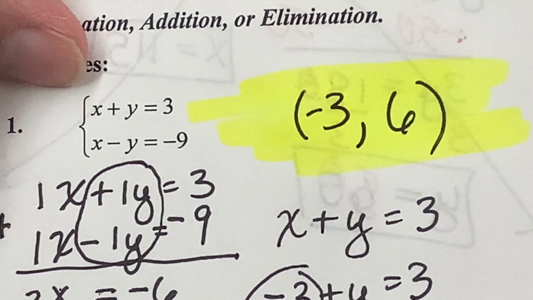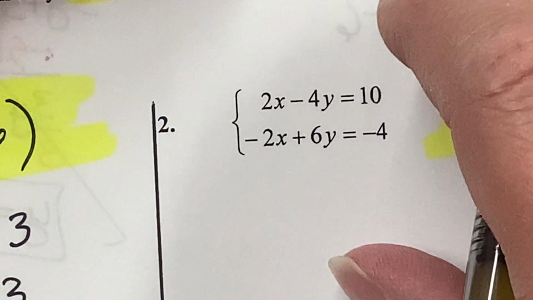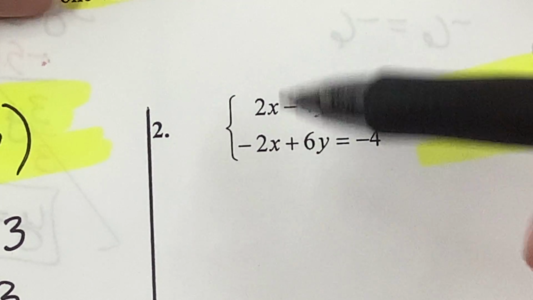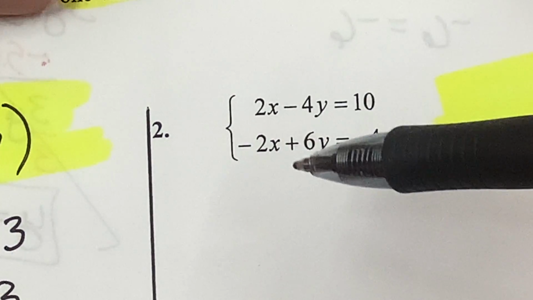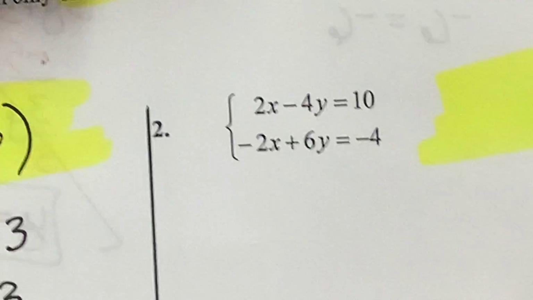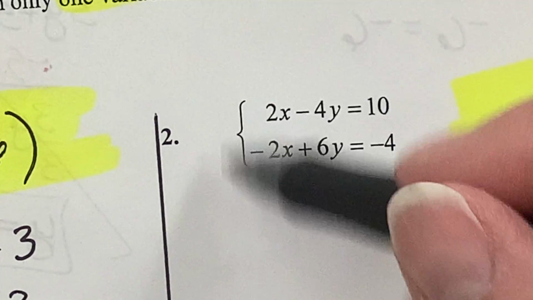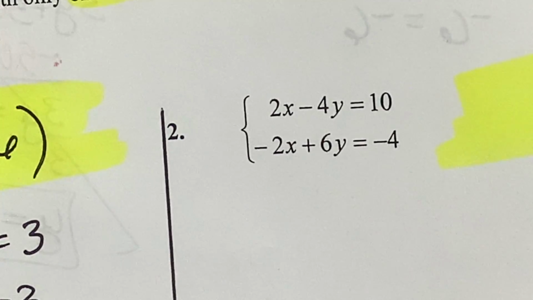Okay, try the next problem with me. Now look, this one has coefficients, but it has the same coefficient with the same variable and opposite signs. You know what that means? That means when I add them together, the x is going to disappear from this equation.